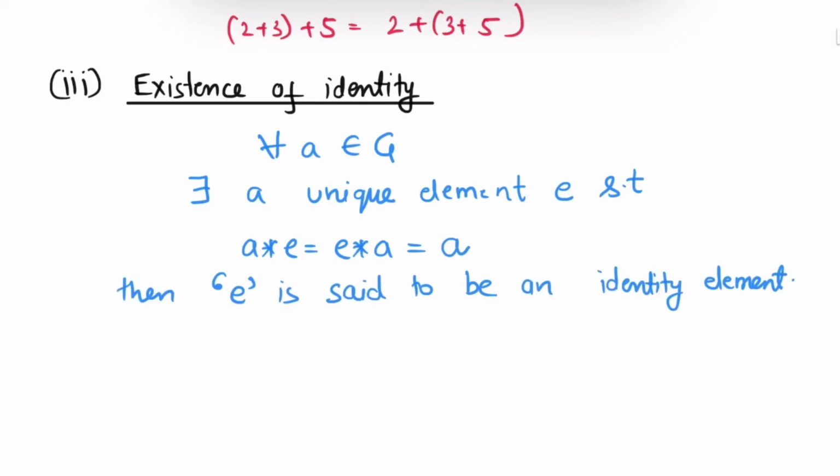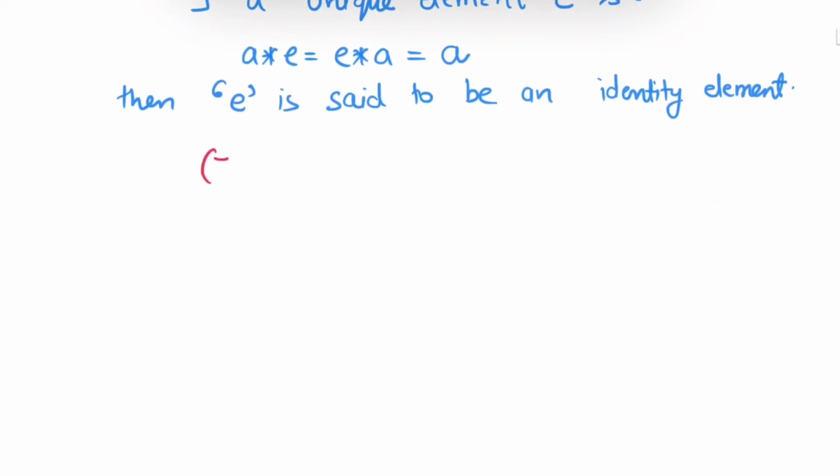So in simple language, the identity element is an element which, when operated with any element, always gives the same element. For example, in the set of integers, in (Z, plus), 0 is an identity element, because whatever integer you add with 0, you always get the same integer again.